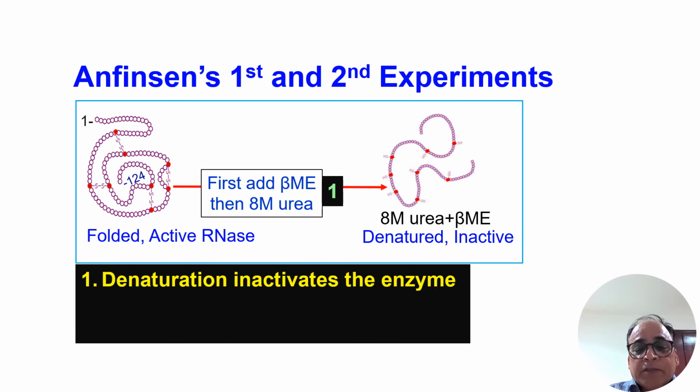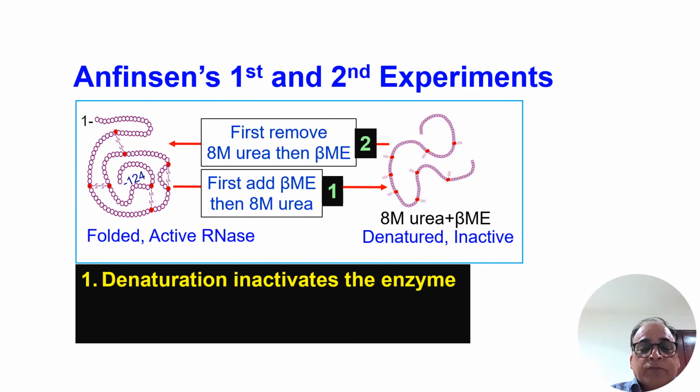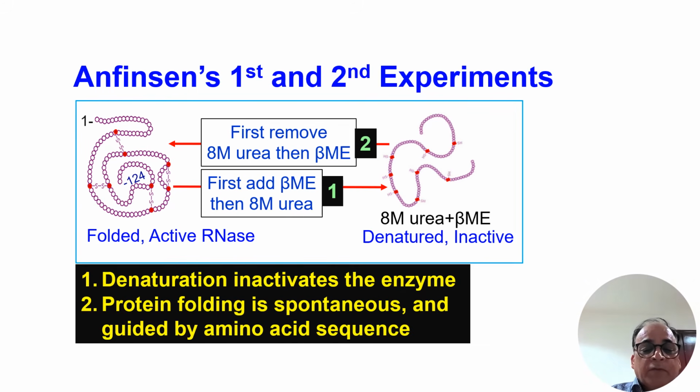In the second experiment, he tried to reverse denaturation by removing these components. First he removed 8 molar urea followed by beta mercaptoethanol and the enzyme was active again, suggesting that denaturation is reversible. Enzyme is active only in folded structure or native conformation, and protein folding is a spontaneous reaction which is guided by the amino acid sequence of the protein.